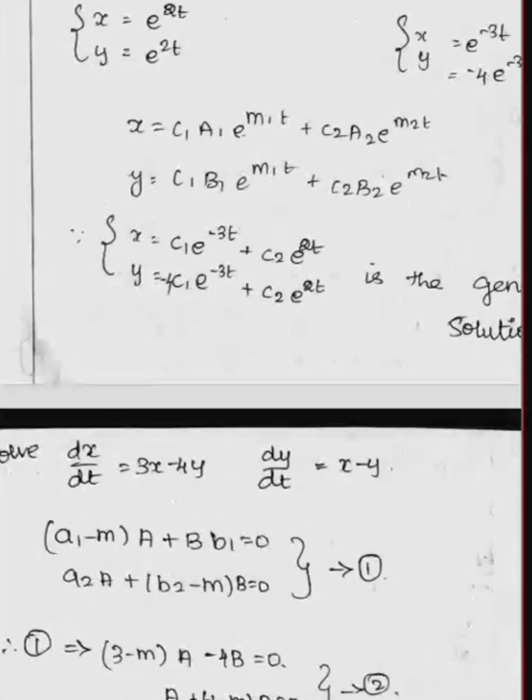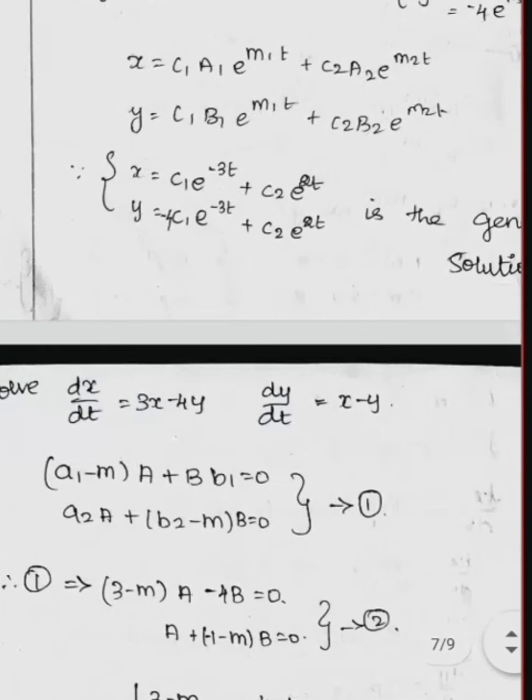You can derive it by that step, or if it is difficult, you can easily use this formula. Take a1, b1, a2, b2 from the above equations: a1 is 3, b1 is minus 4, a2 is the coefficient of x in the second equation, which is 1, and b2 is minus 1. You can directly substitute in this formula.